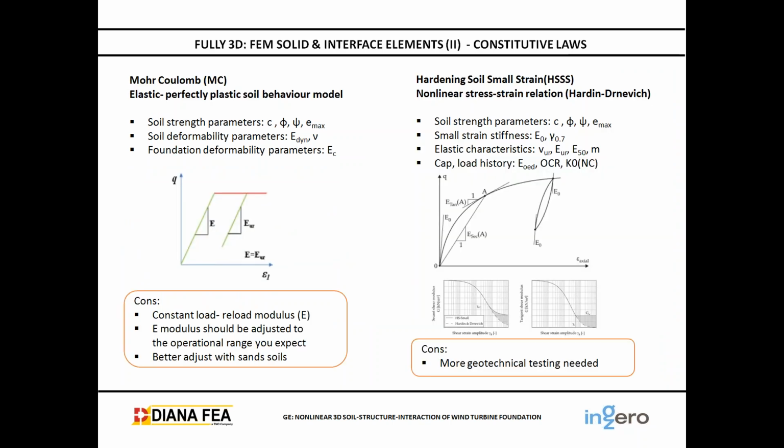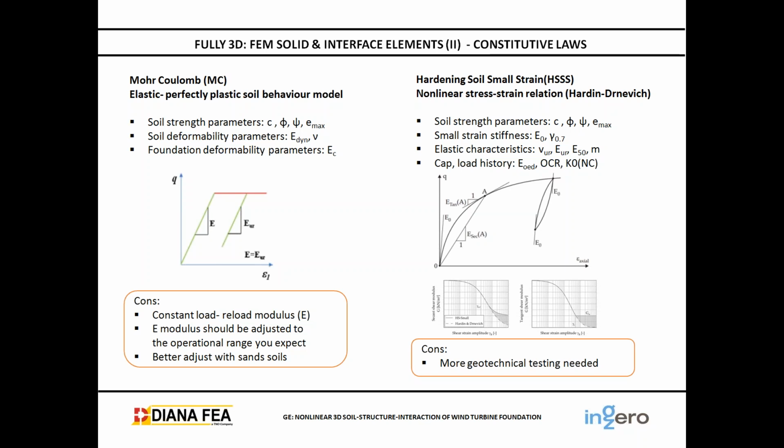What about the constitutive laws we can use in these 3D models? We can use a lot of them, but in this study we have used 2 different models. The Mohr-Coulomb model is an elastic, perfectly plastic soil behavior model. Here we have the graph which represents the behavior of the soil and the parameters we need to define it.